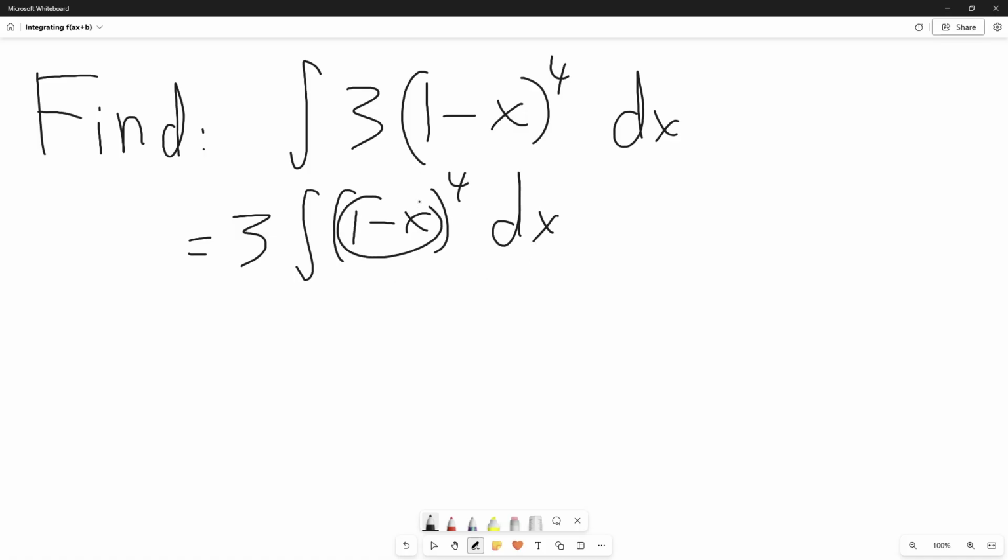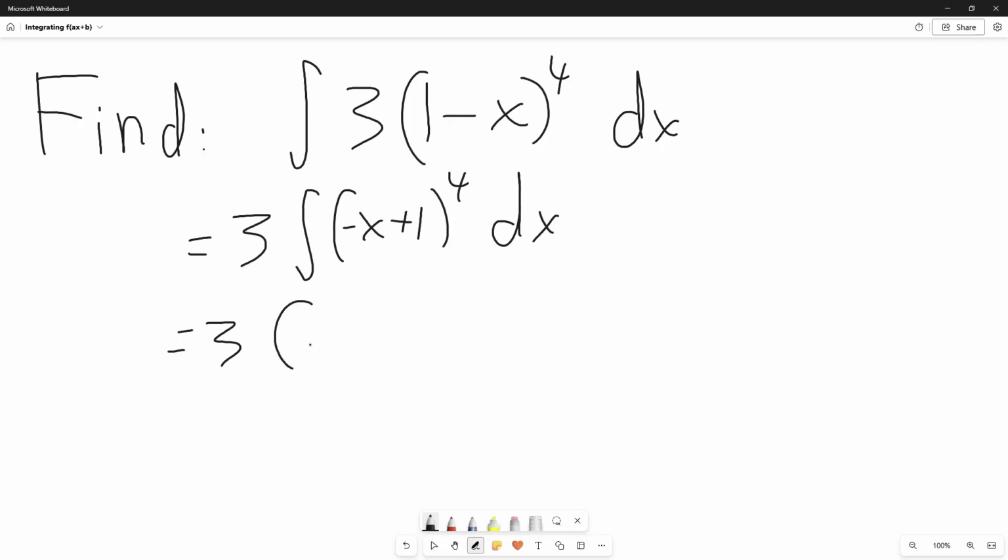And this 1 minus x isn't really written in the form ax plus b because the x is the second term, obviously, but we can just rewrite this as negative x plus 1 or negative 1x plus 1, but we don't need that. So now we can just do the method you know.